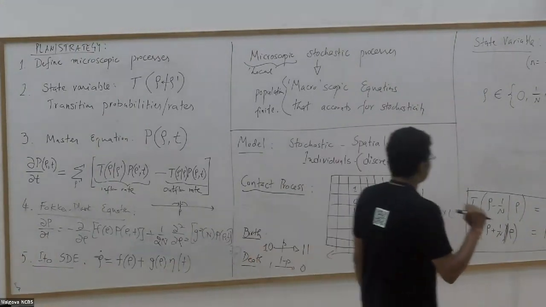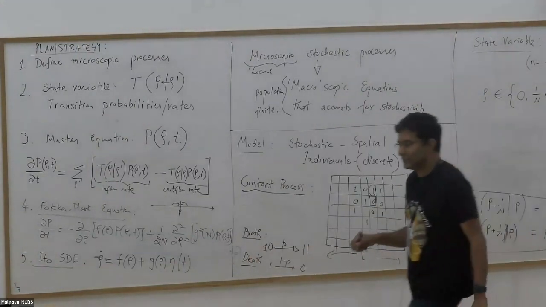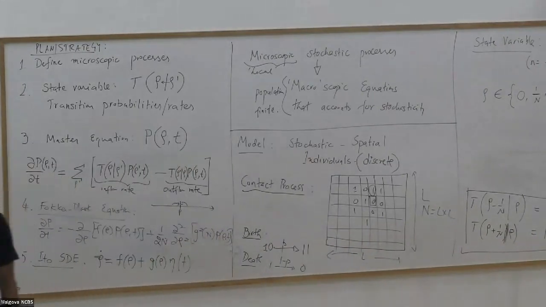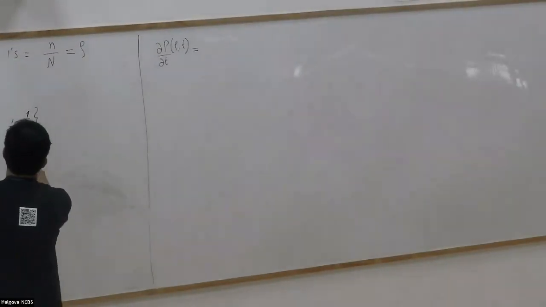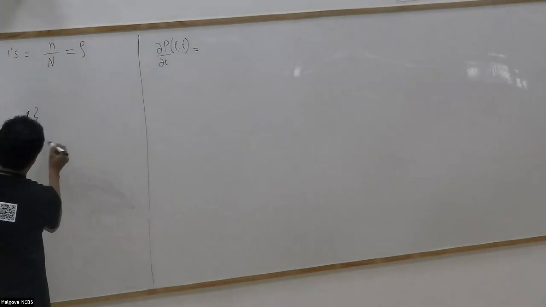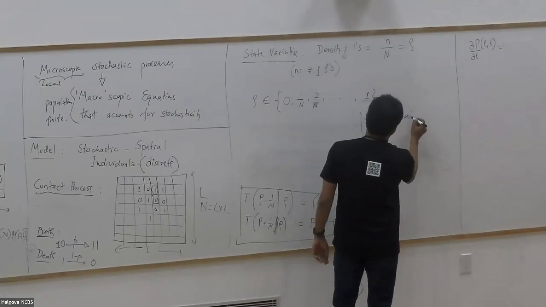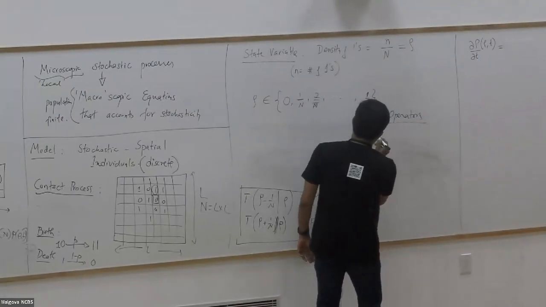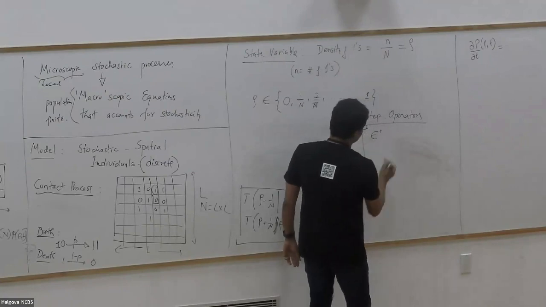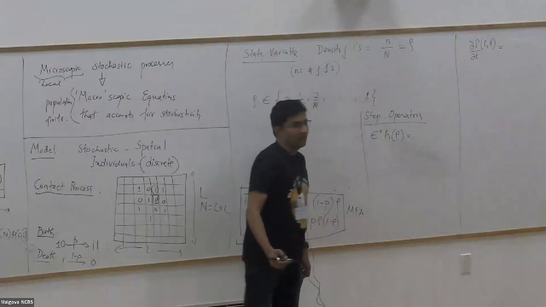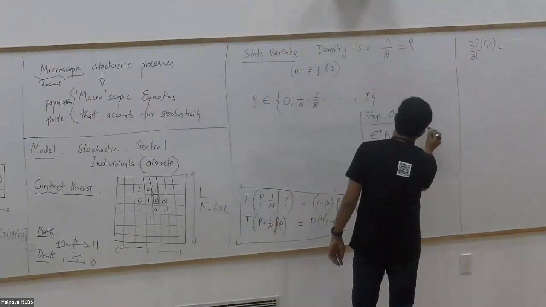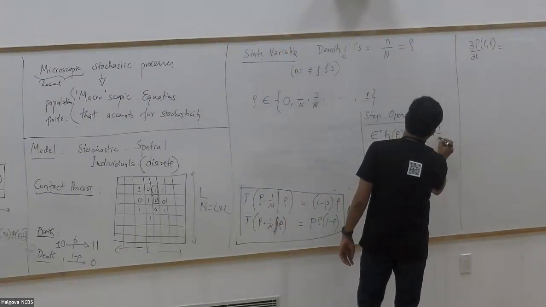Okay, but there are some tricks you can now begin to use, and the trick is called the idea of operators. So let's define something called an operator. When this operator acts on a function with rho, it basically increments this by 1 over n.